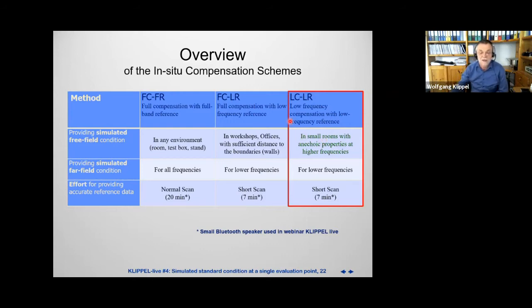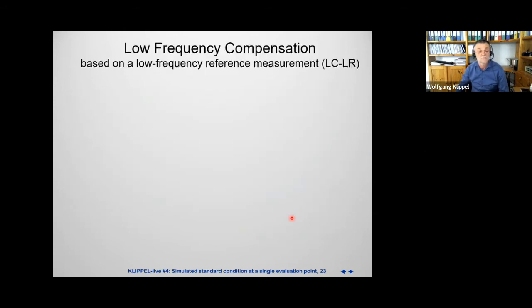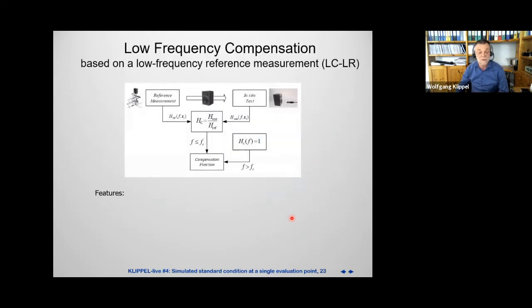So that's more or less a poor, cheap anechoic room. That is completely sufficient for that. We are making only a compensation at lower frequencies. That's quite interesting. Okay, here you see the technique.